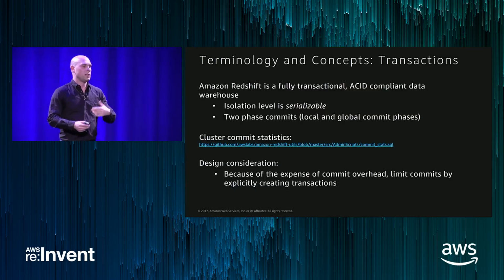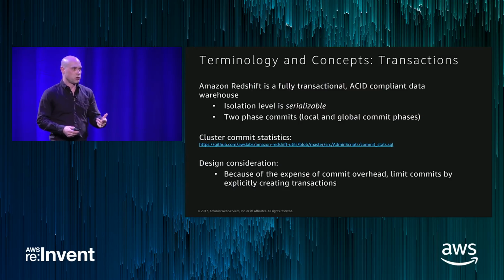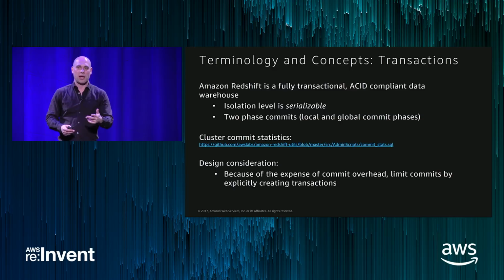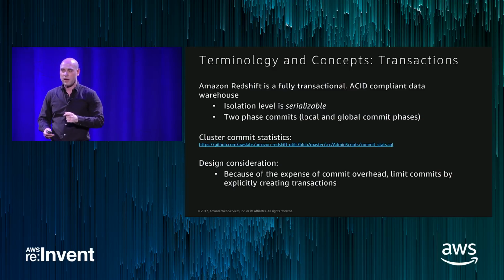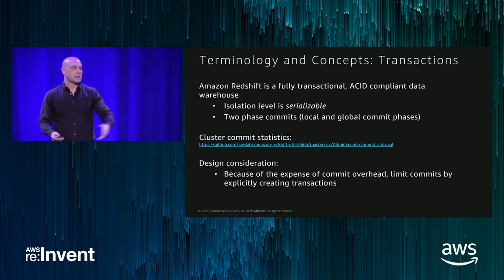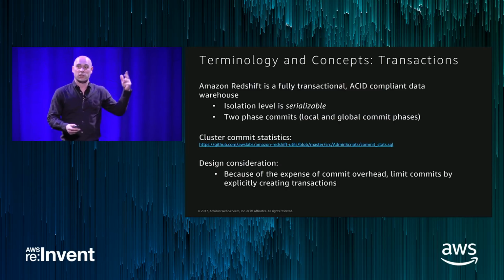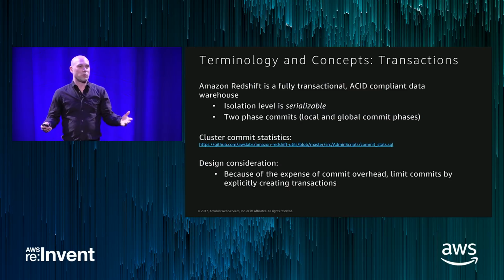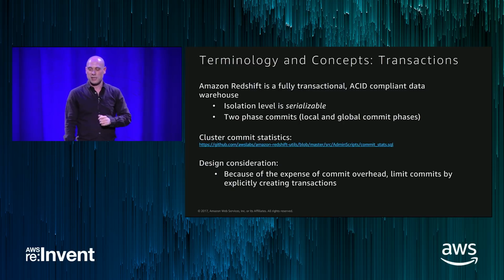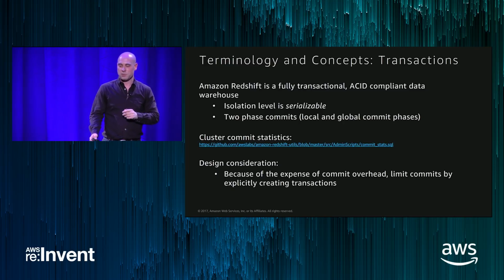What ends up happening is you'll be running with implicit transactions turned on with your client tools, and you'll end up having a ton of transactions. It's a really easy fix. Just wrap the workflow in a transaction. Chances are you want it in a transaction anyway, because if it fails halfway through, you don't want it half done. So it's pretty easy fix, and it's probably the right thing to do.